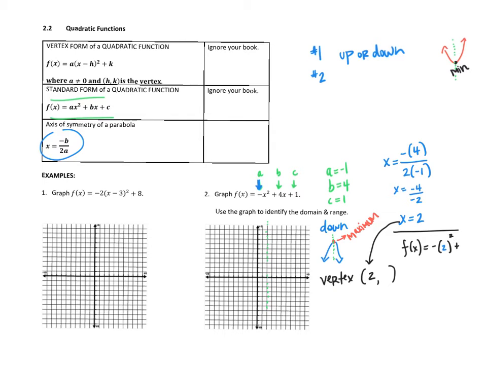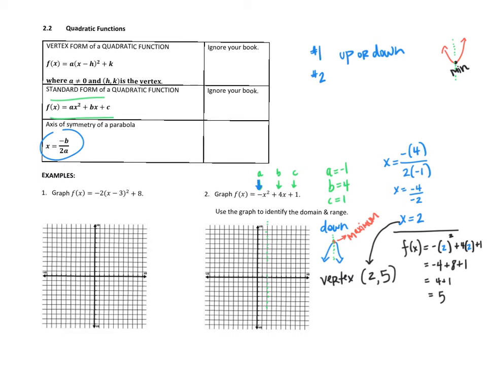And then I have plus 4 times whatever x is, which is 2, plus 1. So then I'm going to simplify that. That looks like -4 plus 8 plus 1, which is going to be 5. So my vertex, I wrote it incorrectly, my vertex is 2, 5.